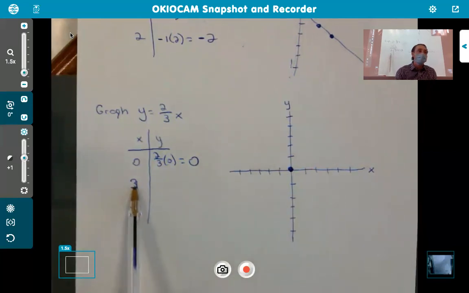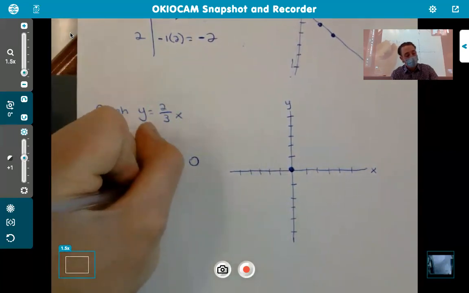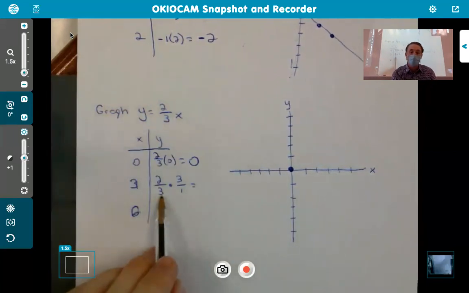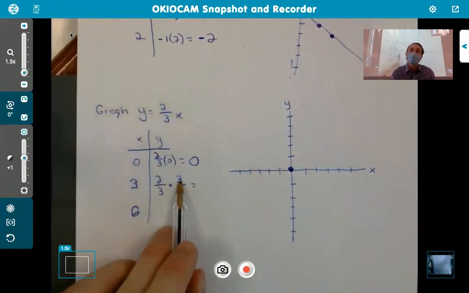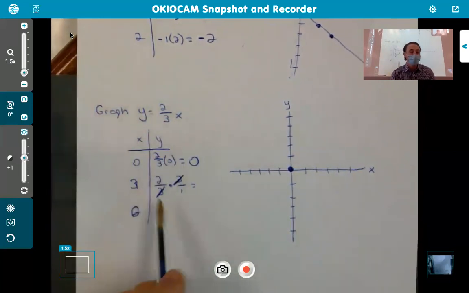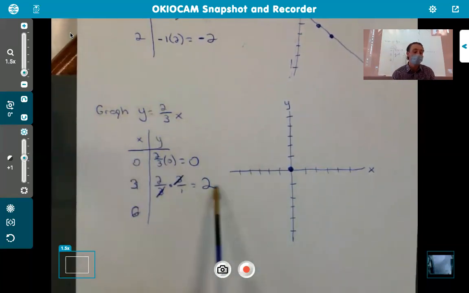The reason that I'm doing that is just like what we did with the reciprocal. What's going to happen with this 3 here and this 3 here? They're going to cancel. And what am I left with up top? 2 over, which is just 2. So it leaves me with a whole number. So now I have the point 3, 2.